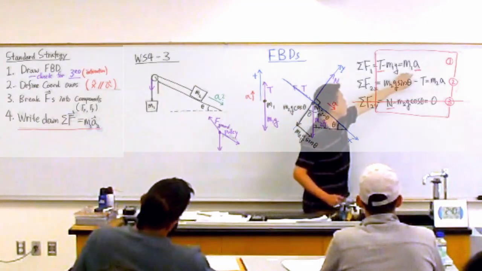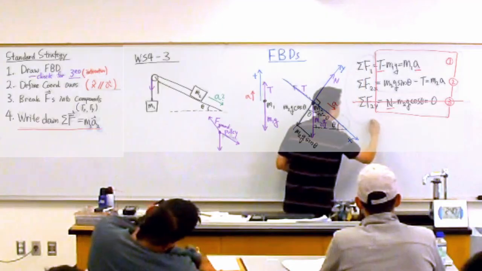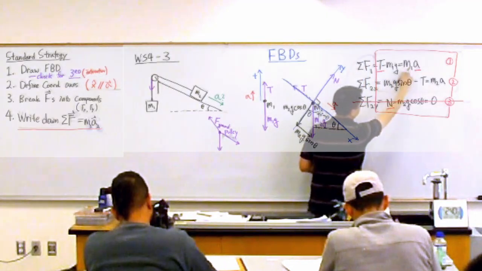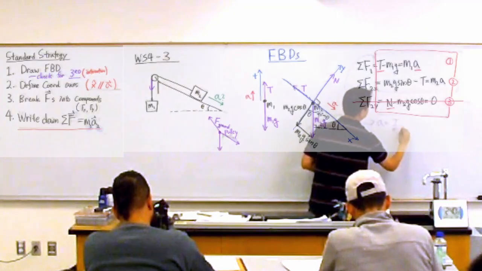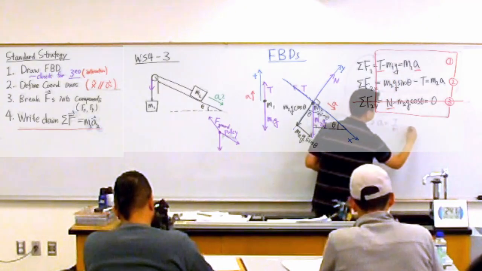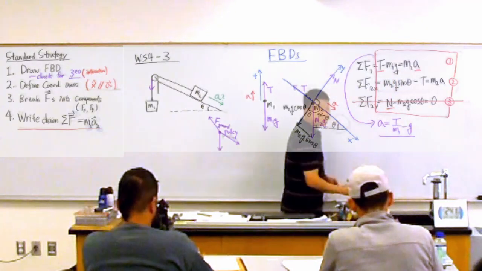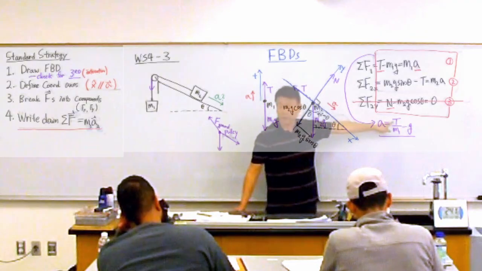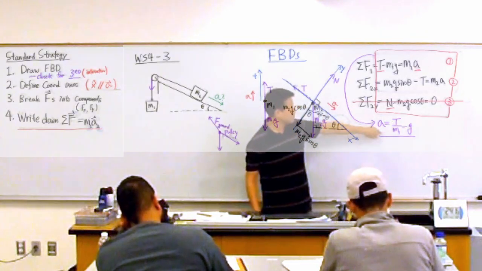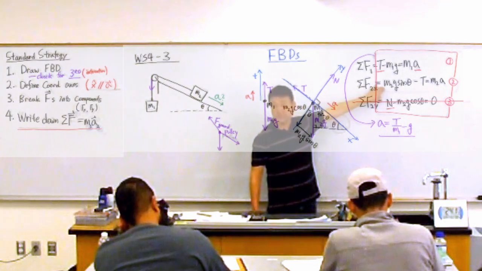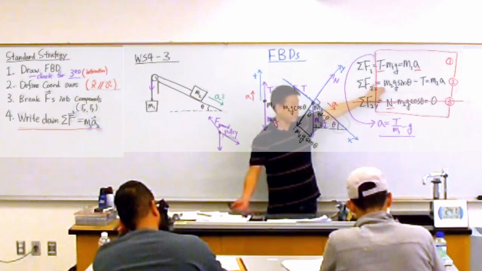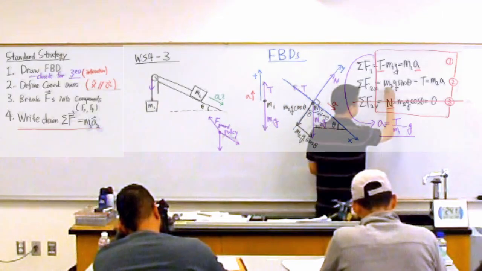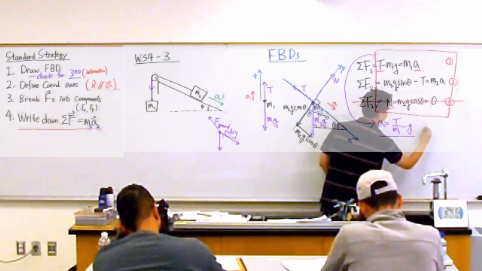Solving equation 1 for acceleration, acceleration is equal to T divided by m1 minus g. Now this is not the answer for acceleration, of course, because it has T, an unknown. You have to plug this into the second equation to eliminate acceleration from your set of equations and solve for tension.